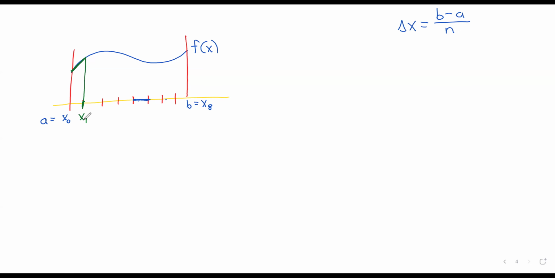The trapezoidal rule says, well, create a trapezoid that looks like this and find its area. And this is f of x sub 0, and this is f of x sub 1.